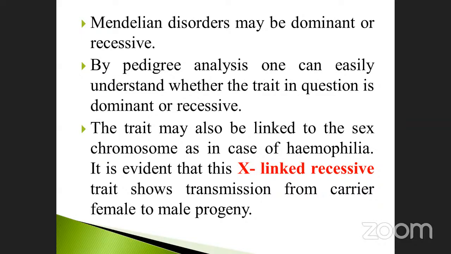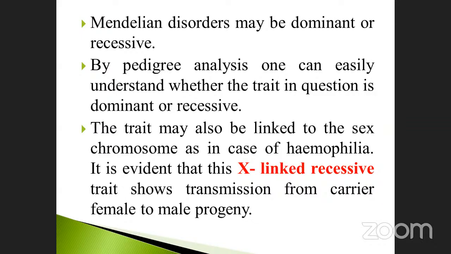See here. The trait may also be linked to the sex chromosome. As in the case of hemophilia, it is evident that this is an X-linked recessive trait, note it down, my dear students. Hemophilia is a sex-linked, X-linked recessive trait, showing transmission from carrier female to male progeny, because hemophilia is one of the diseases caused by the X chromosome.